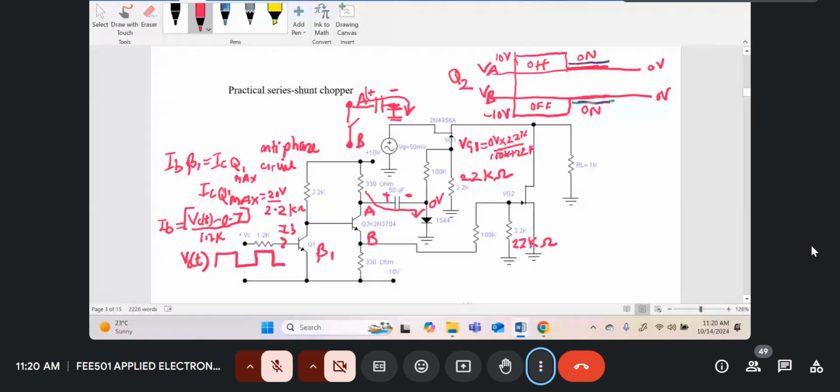When Q2 was off, the voltage at the gate, VG2, remember if it's off, it's like point A of Q2 is isolated from point B. So point B is connected to the minus 10 volts through the 330 ohms.